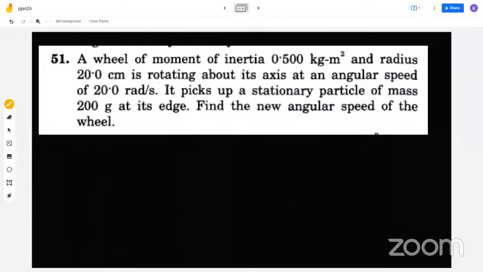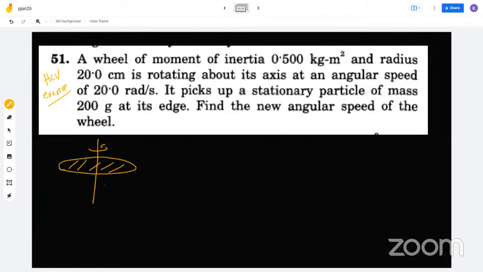Next, this one, HCV. So this is a wheel, it is rotating.